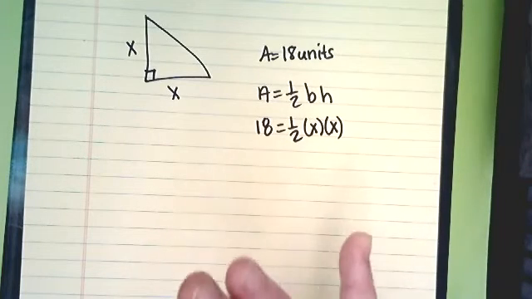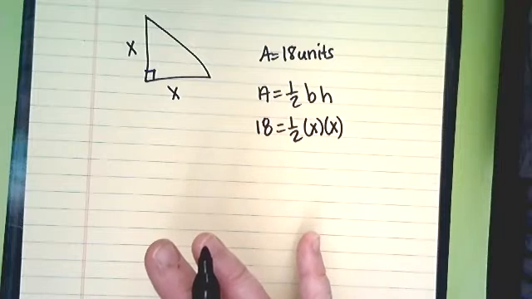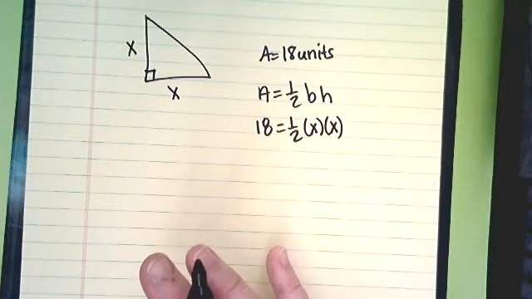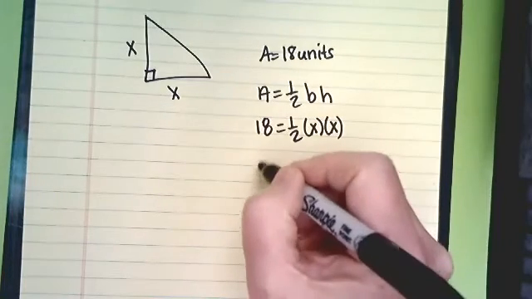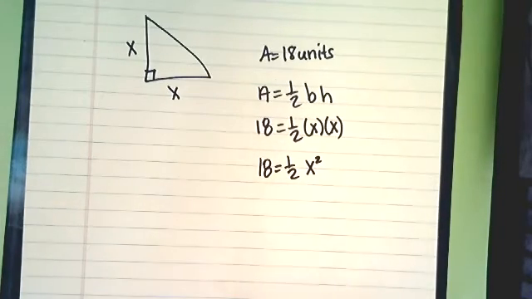But what happens when you do X times X? What do you think? How about X squared? 1/2 X squared. Let's do something with 1/2. Let's get rid of it from that side.